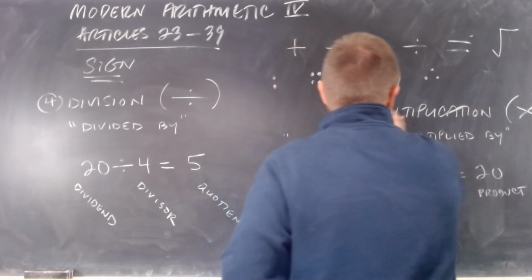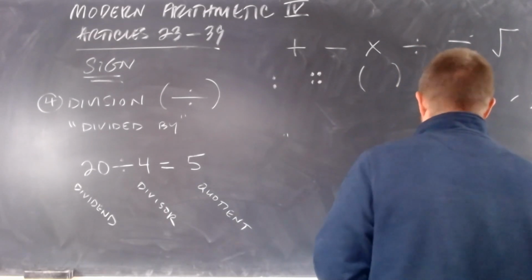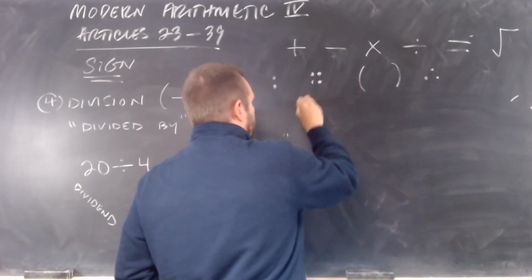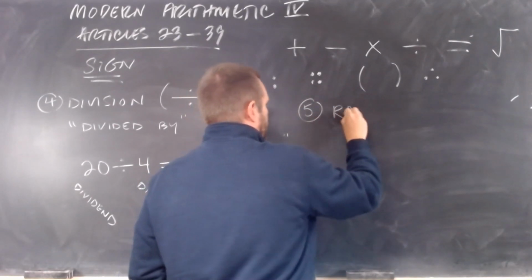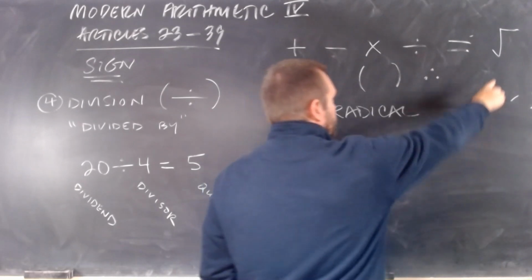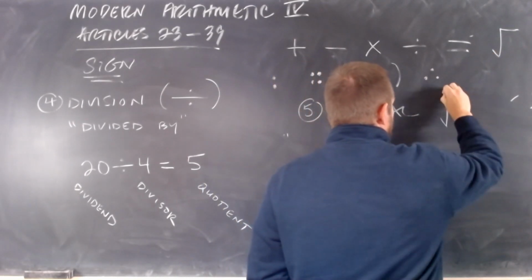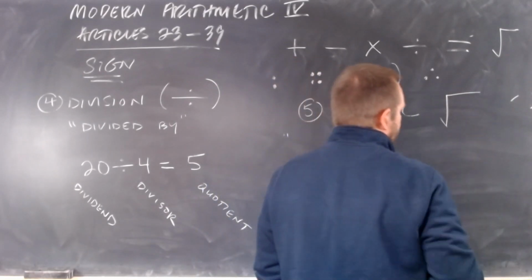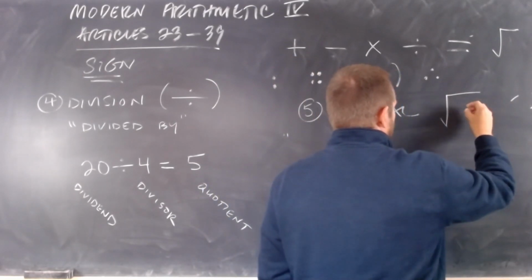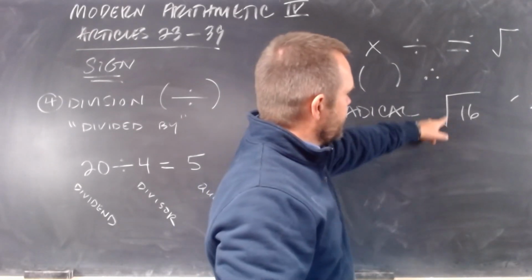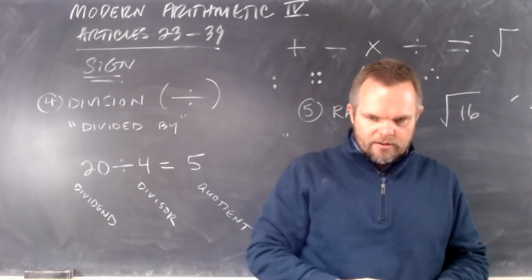Article 29. We learn about the radical sign. The radical sign looks like a check, but it contains a quantity inside of it. So I'll put 16 in here.